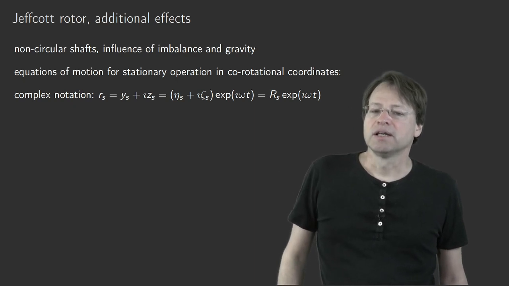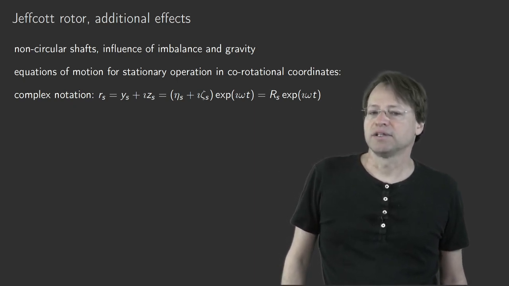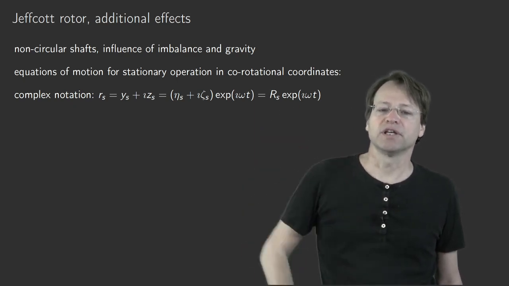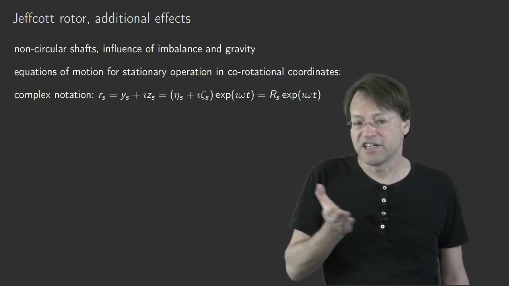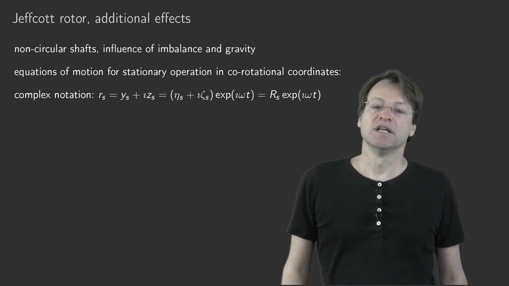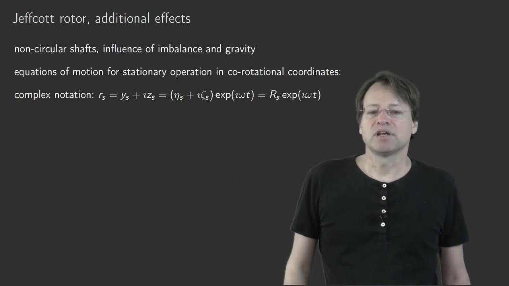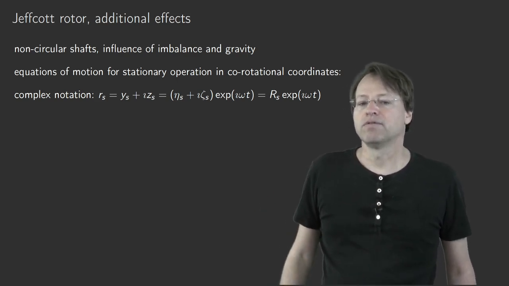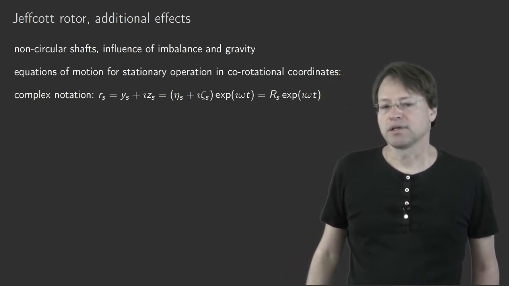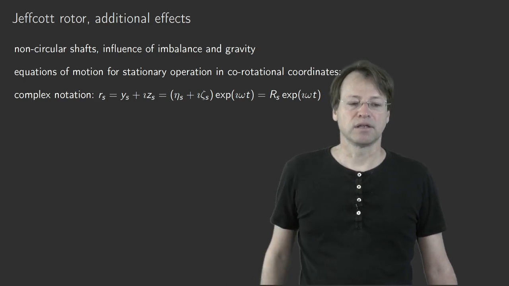Because, as you can see, the time derivative becomes now quite simple. We are always dealing with exponential functions. Not only the time derivative is quite simple, but also the multiplication by an exponential function is much simpler than the treatment with cosine and sine terms and then the use of the classical trigonometric theorems. That's a little bit lengthy.